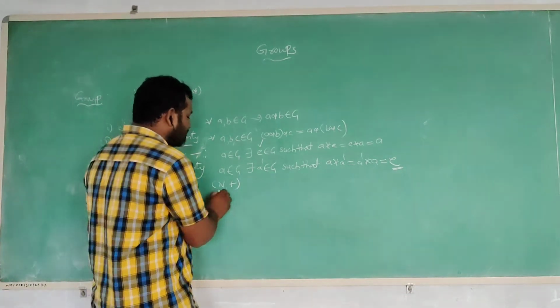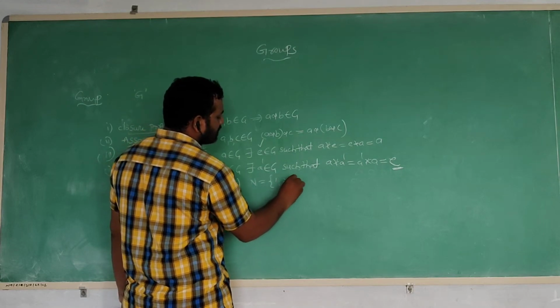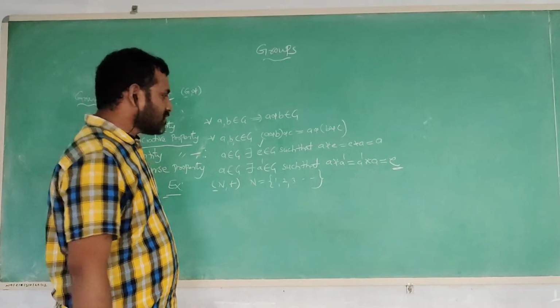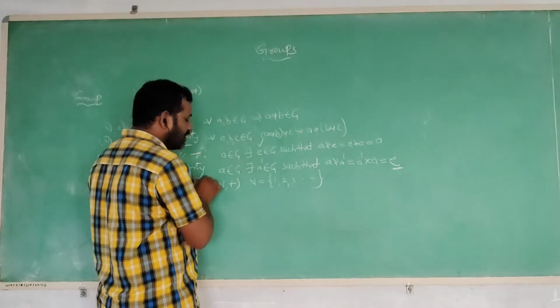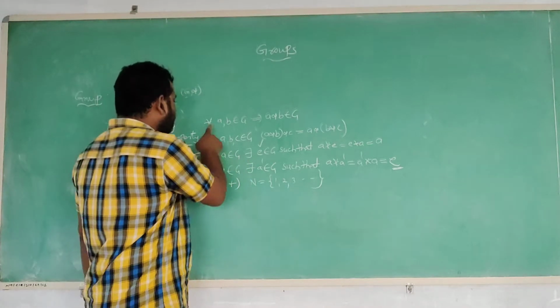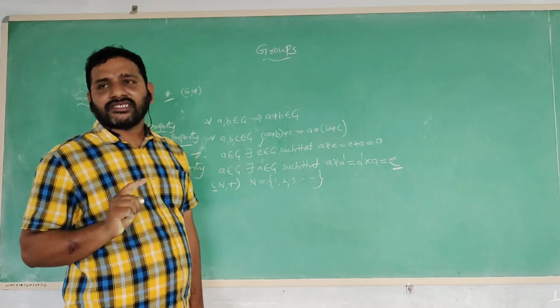N is the set of natural numbers, 1, 2, 3 and so on. (N, +) is a group if it satisfies these four properties with respect to addition.